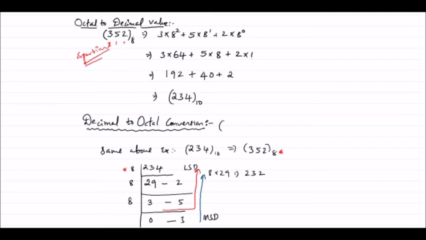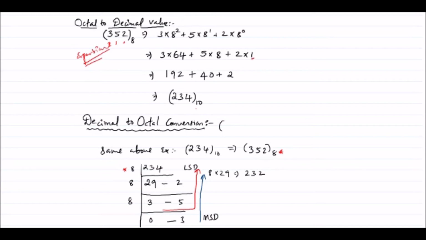So 3 into 8 power 2 plus 5 into 8 power 1 plus 2 into 8 power 0. If I substitute the values, 3 into 64 plus 5 into 8 plus 2 into 1. Anything power 0 is 1.